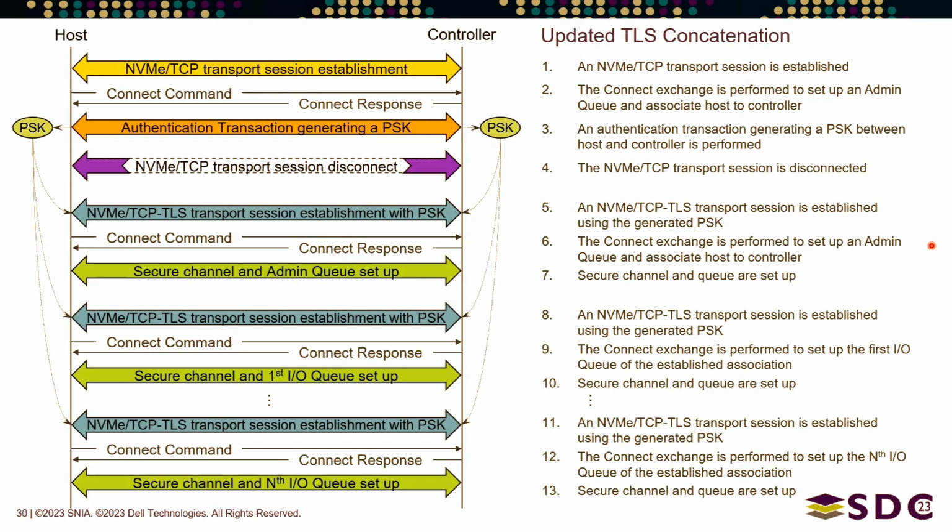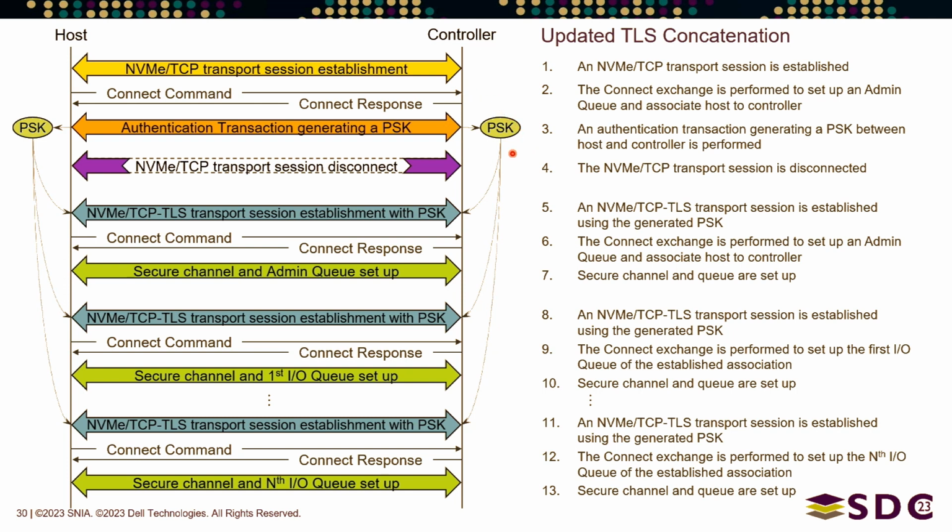And so, updated, this is the diagram that actually went through the TP8018 technical proposal and will be part of the next iteration of the NVMe base spec. We start with a transport session establishment on TCP, connect response to establish the association, authentication transaction, generate a PSK, and then the transport is disconnected.